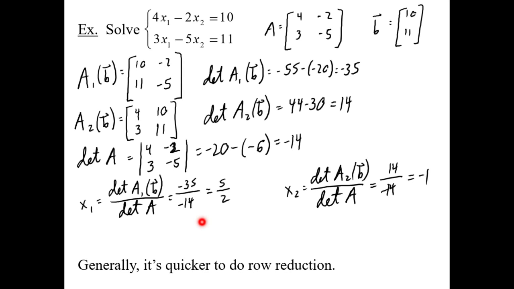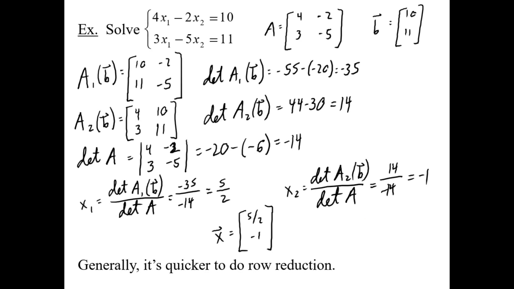So this is a great answer. If you really feel like writing in vector form, the vector form would be 5/2, -1. Okay, fine. This is what Cramer's rule looks like. Again, I don't think that this is all that useful, but great. Okay, if you like it, go for it.